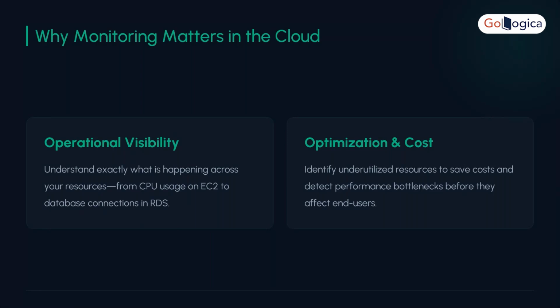And also we can see performance bottlenecks. Maybe to connect to your web server, normally it is taking maybe 100 milliseconds. Now you see that currently it is taking over 2 seconds.